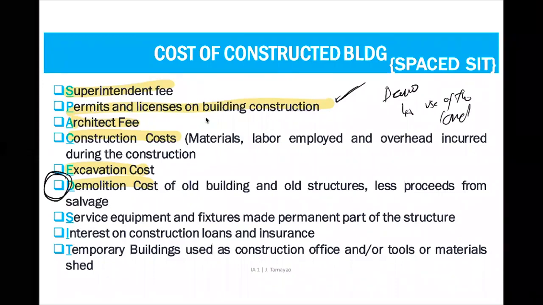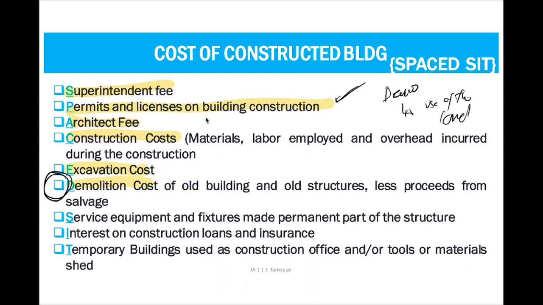Dito naman yung demolition cost natin, kailangan you remove items on the land because you will make another building. So tinanggal mo yon para sa building. The use here is for the building, not for the land. So for example, there is a bunkhouse again on that land. You remove that bunkhouse to create a higher building. What is the purpose now? The purpose is to create a new building.